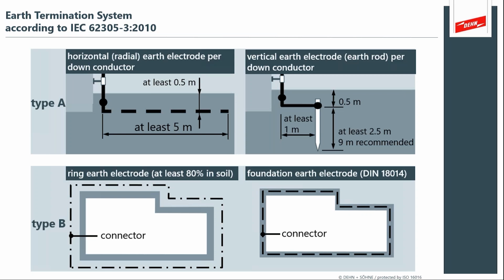The next piece, the logical piece in your lightning protection system, is going to be your earth termination system. In IEC methods and in NFPA methods, they describe what's called the type A, which is essentially an electrode that's radiating away from the structure, and we see the term at least 5 meters, and this we'll see in the next slide.